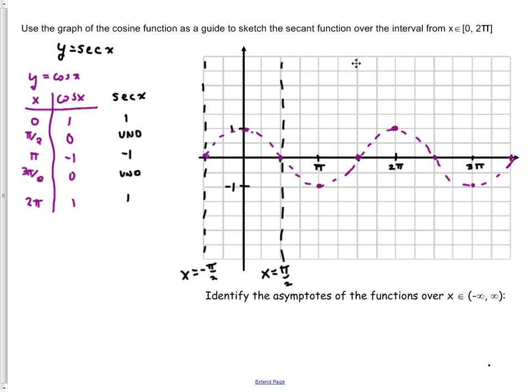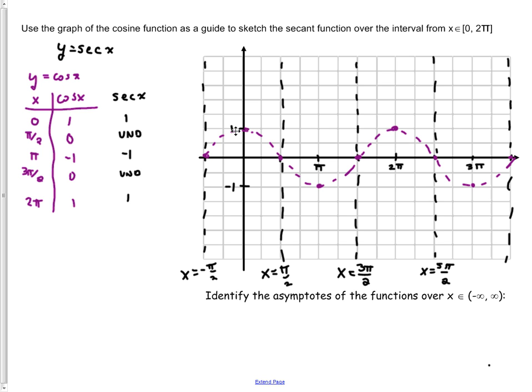Then 3 pi over 2, right between pi and 2 pi, we get another vertical asymptote. And then here we are at 5 pi over 2, which is between 2 pi and 3 pi. It's like saying 2.5 pi. The next one would be over here at 7 pi over 2. We could keep going this way, but I think I've named enough. So now you know kind of what's going to happen.